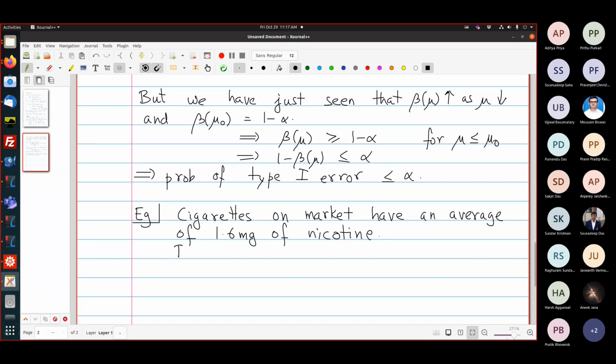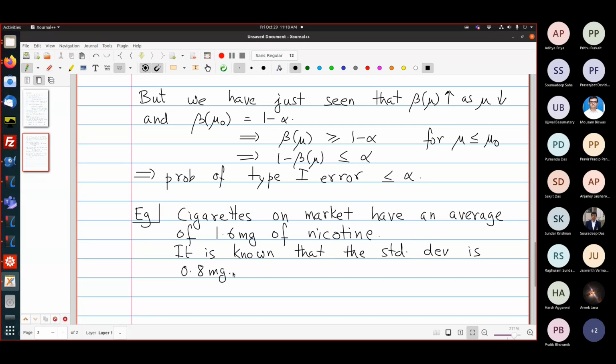And it is known that the standard deviation is 0.8 milligram.